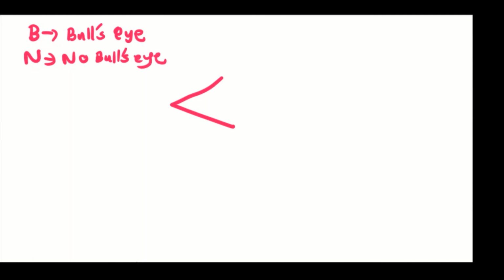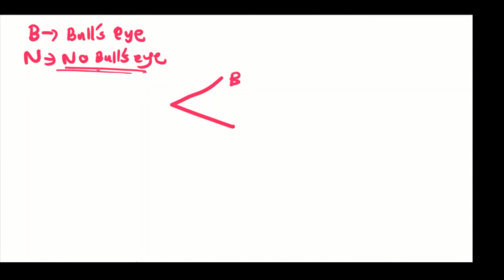We're having two things here. B will stand for bull's eye, and N will stand for no bull's eye, meaning he won't be hitting the bull's eye.